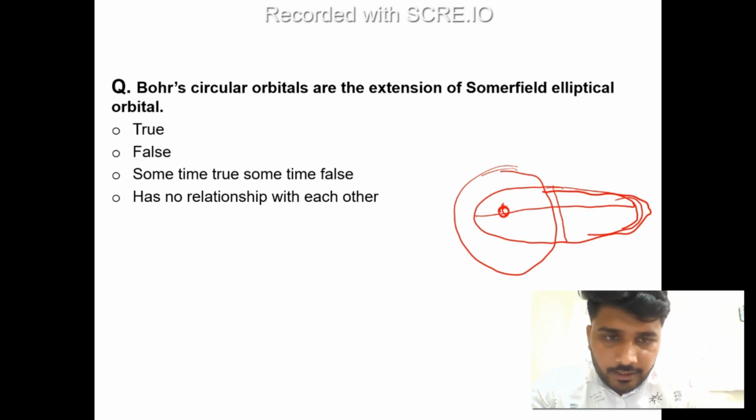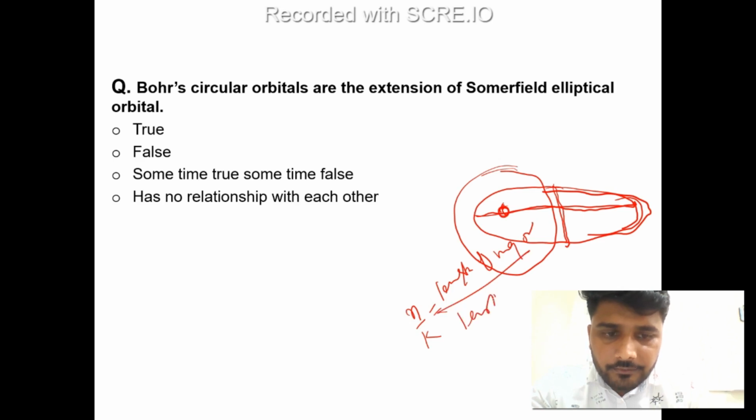If I am interested to know the ratio n equal to k, it is the length of the major axis to the length of the minor axis.